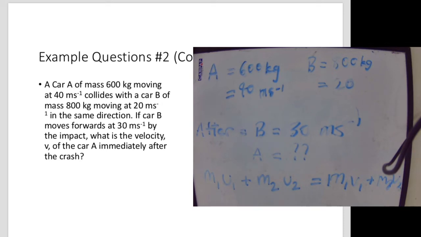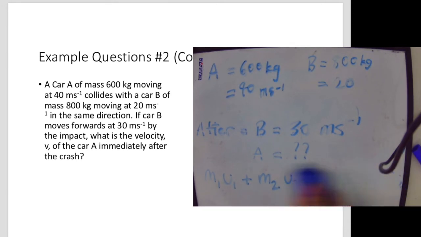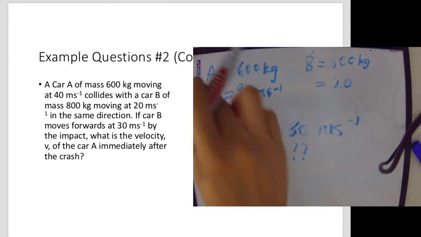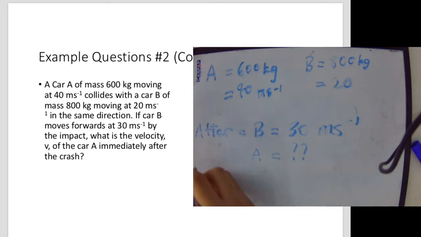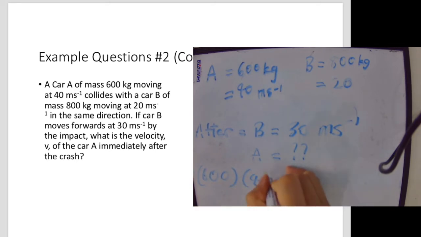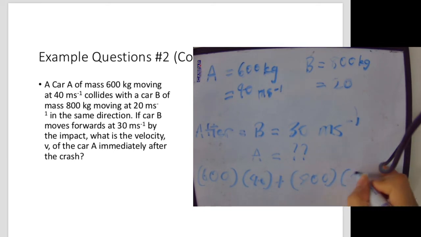Okay, so let's see what it would look like if we put it in the formula. We have mass A is 600, times 40, plus 800 times 20. This is the first part of the equation.